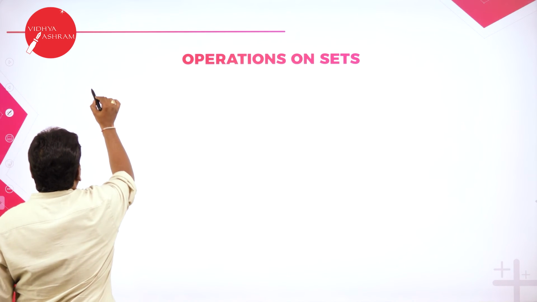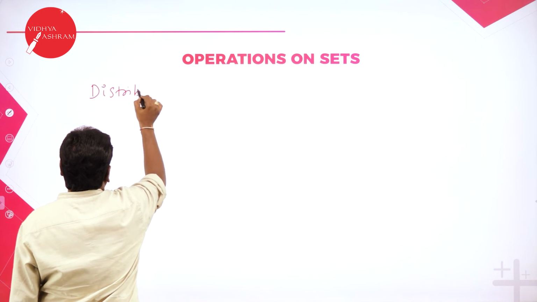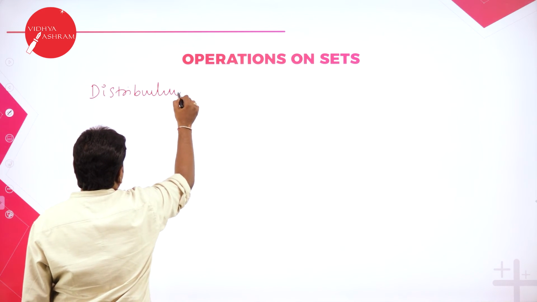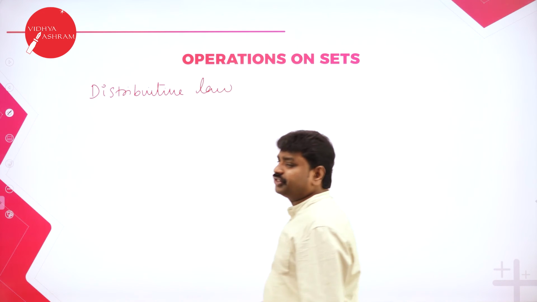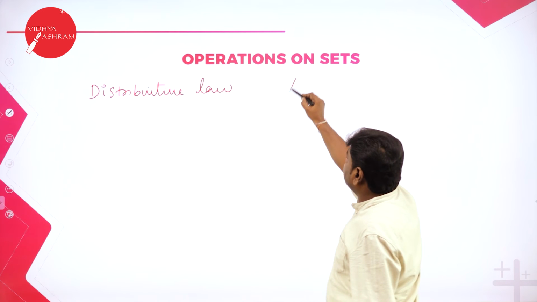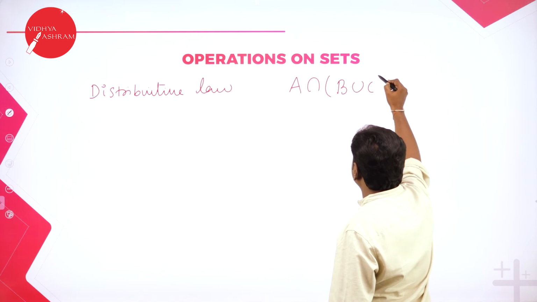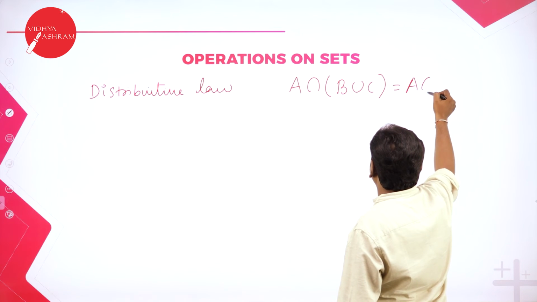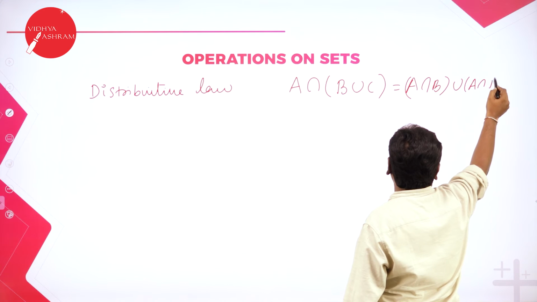To explain distributive law, let me take an example. Distributive law: A intersection B union C is same as A intersection B union A intersection C. We can prove this by taking elements.